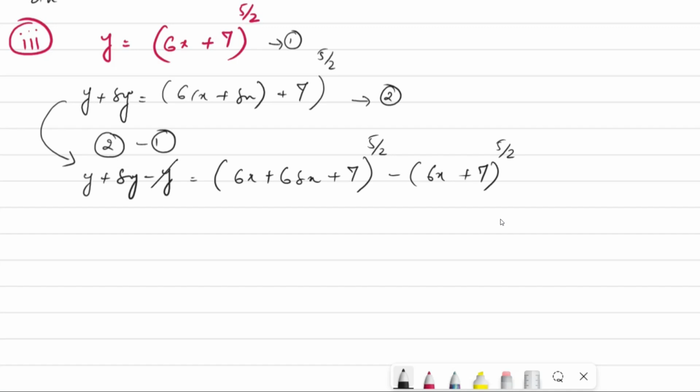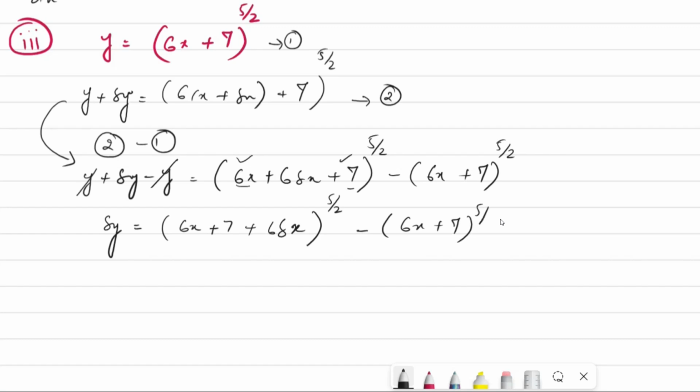So y is cancelled with y. The remaining will be delta y is equal to (6x plus 7 plus 6 delta x) whole raised to the power 5 upon 2 minus (6x plus 7) whole raised to the power 5 upon 2. We can take 6x plus 7 common from these two terms.